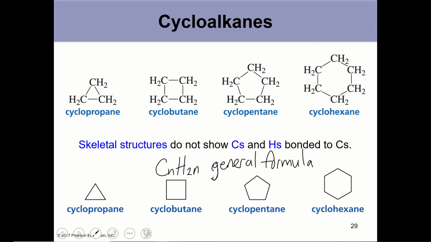To indicate that a chain of carbons is cyclic, we are going to use the prefix cyclo before the main chain carbon number indicator. So for a 3-carbon cyclic structure, we have cyclopropane. For a 4-carbon cyclic structure, cyclobutane, 5 carbons in a cycle, cyclopentane, and 6 carbons in a cycle, cyclohexane.